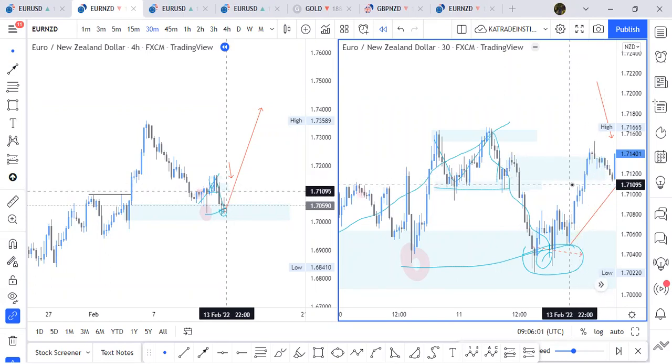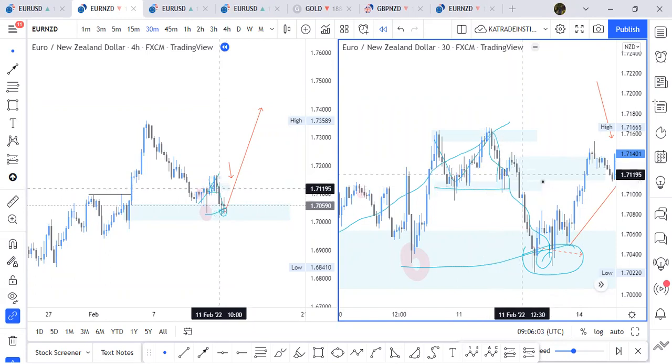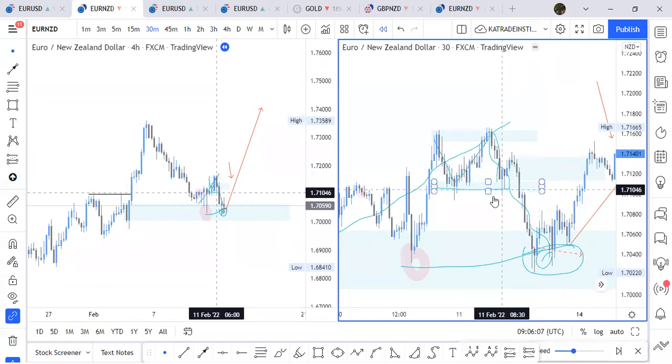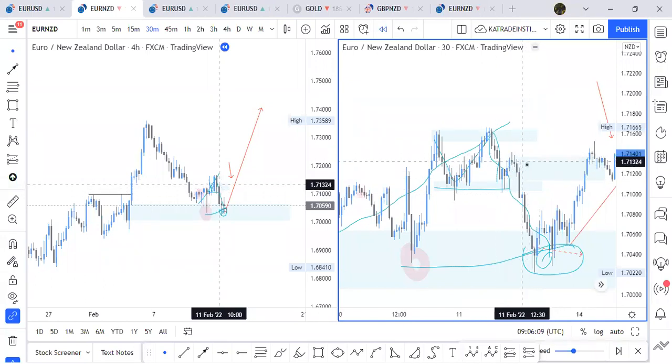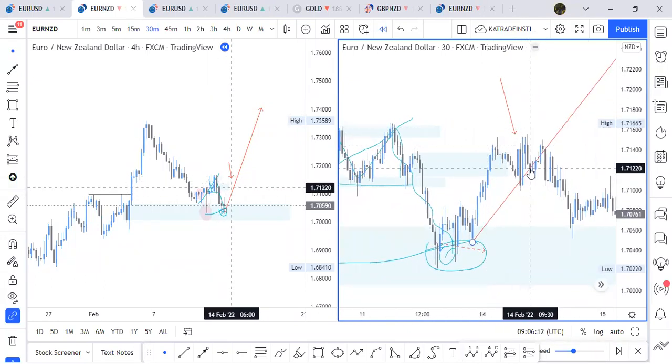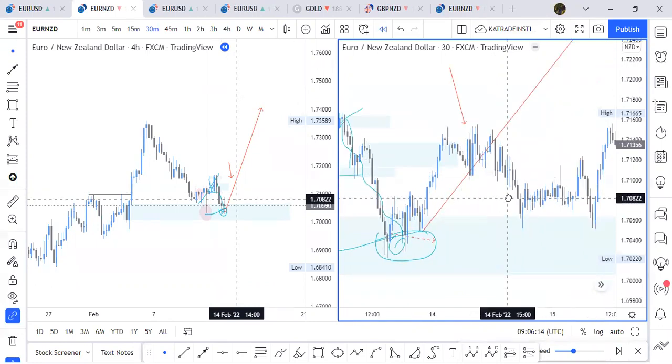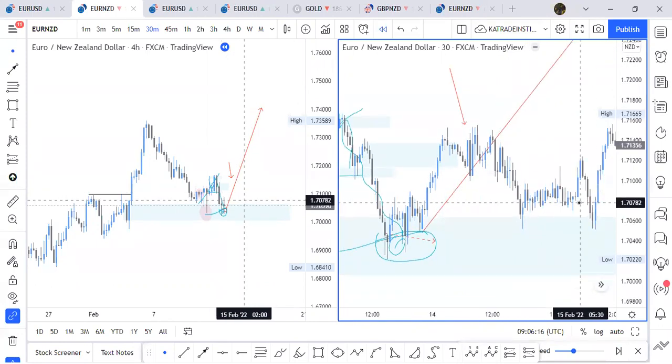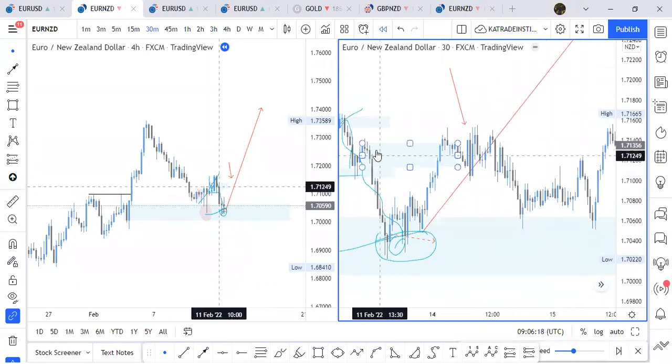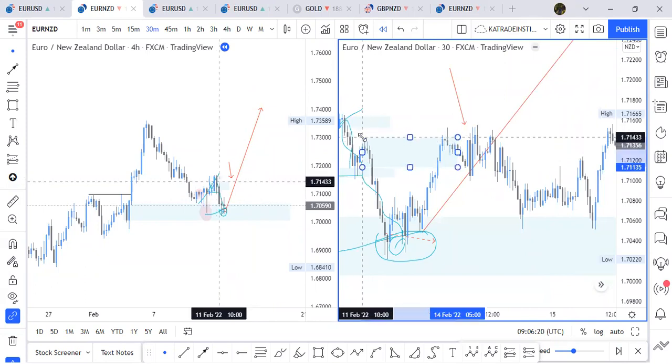I just want to show you that the supply area and the demand area also work. It gives us a supply area here. Price came to that area and it starts falling, moving to the downside. I hope you are getting me. The reason why you don't need to sell: you see that price came to the demand area.